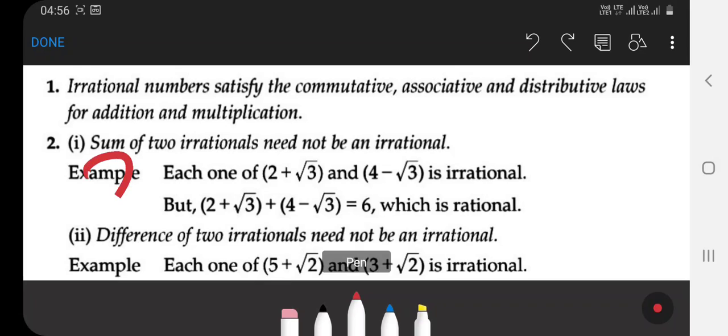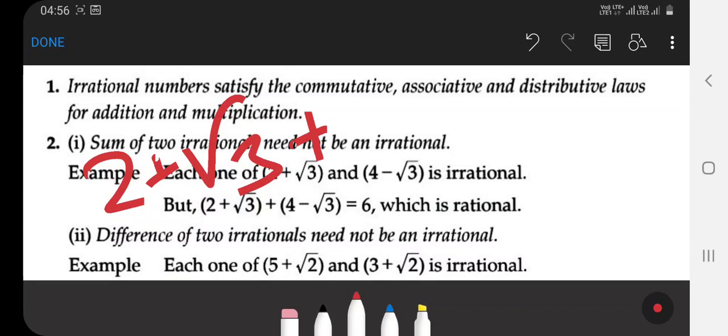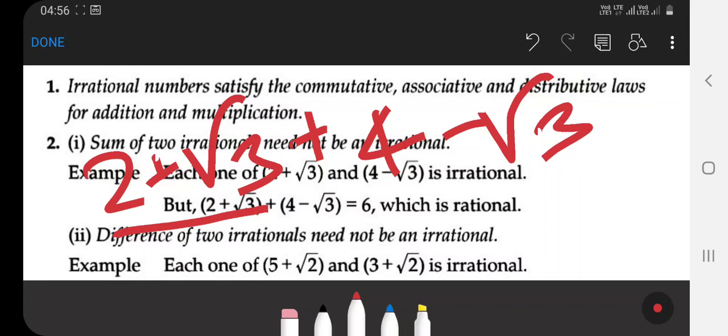But 2 plus root 3 is irrational, and 4 minus root 3 is also irrational.